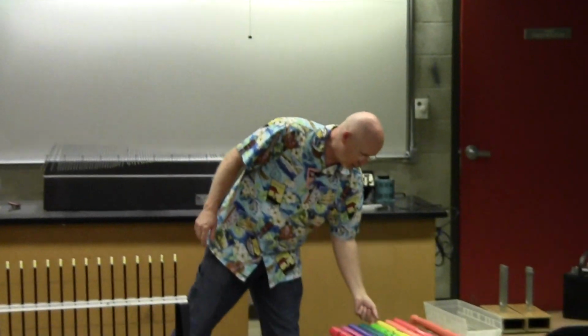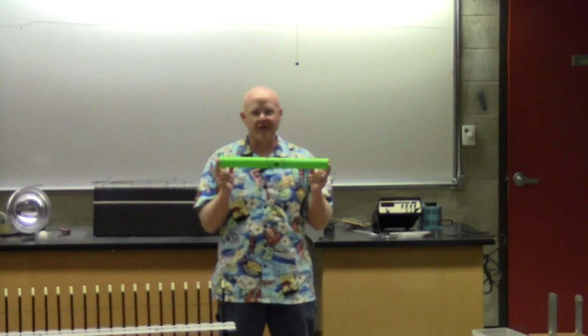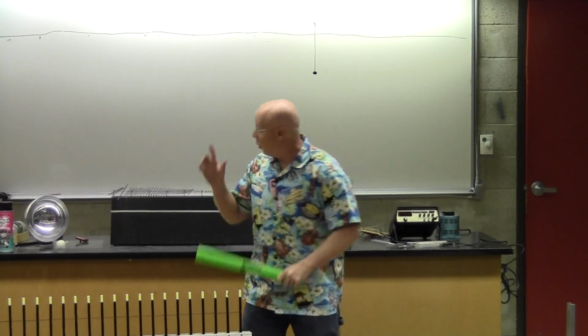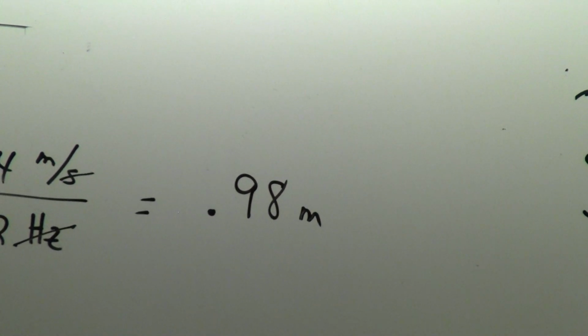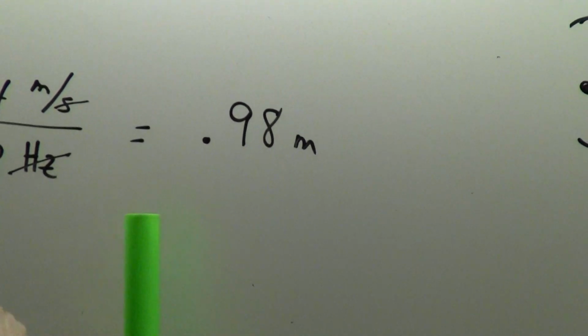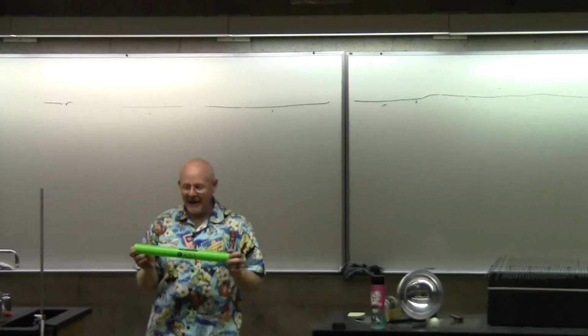So my point is that I would want to make a tube so that it was a half a wavelength long, right? We just calculated right over here that the wavelength of this is 0.98. So if you listen to this, that's this frequency. And so I should cut this at half that.